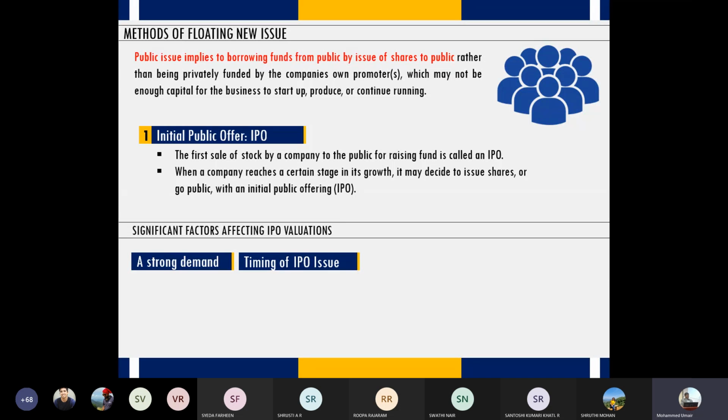It basically talks about the economic cycles, the macroeconomic conditions prevailing in the country. If the macroeconomic conditions are bad, then avoid it. If the macroeconomic conditions are good, or if it is showing a sign of recovery, buy shares, right? So that is what timing of IPO issue means.